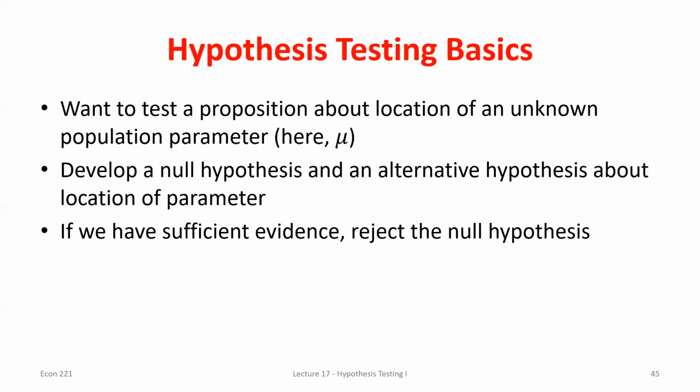So even if we find evidence that goes against what we assume to be true, we may not reject that assumption. And whether or not we reject it is what we're eventually going to be able to do with this hypothesis testing. I'll have to show you how we determine whether this evidence that goes against my assumption is enough, right? Or does it not go against it enough?